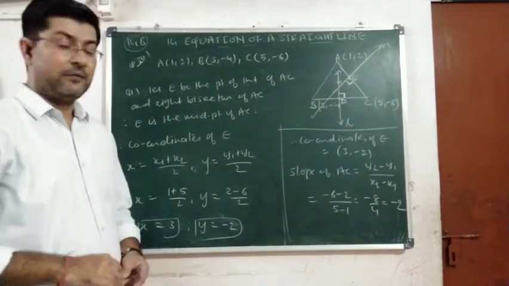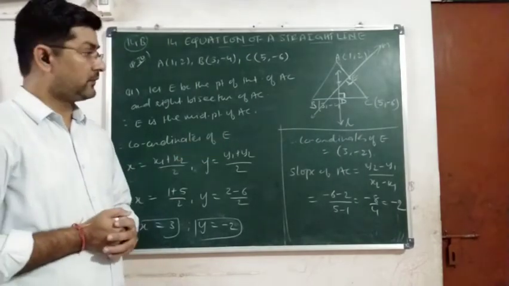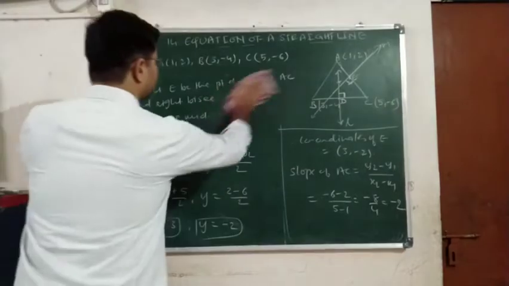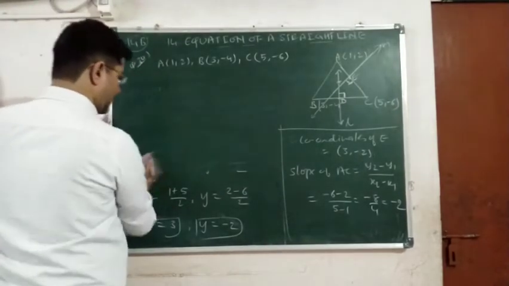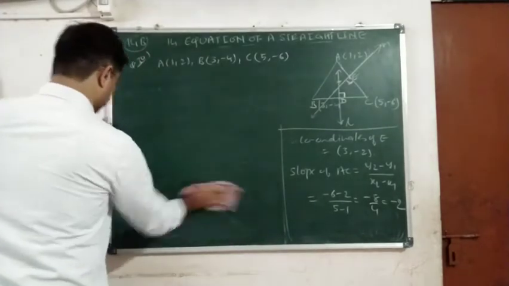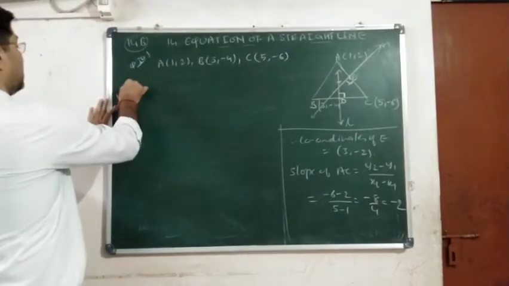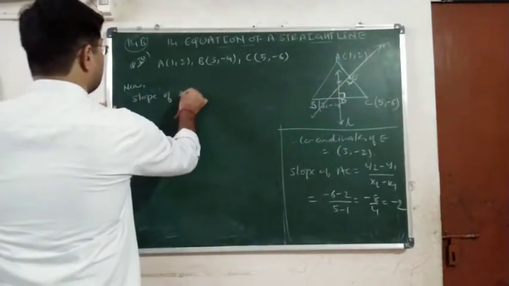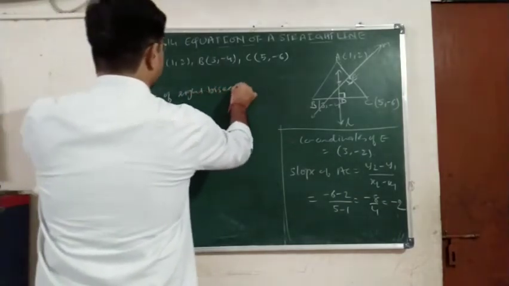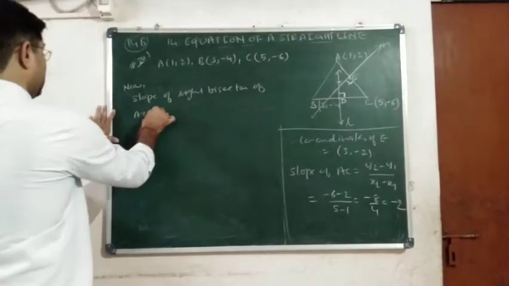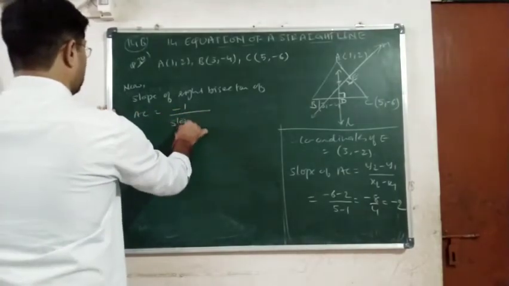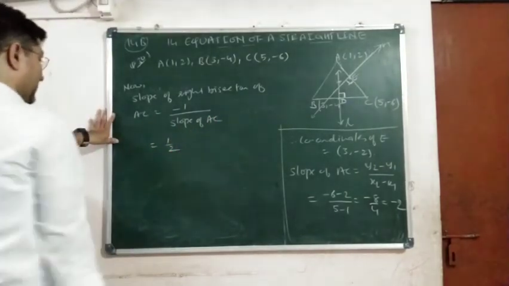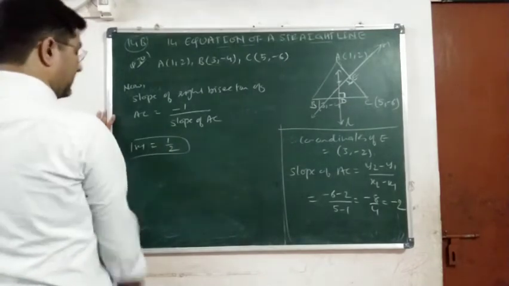Now we can easily find the slope of the right bisector of AC by taking the negative reciprocal. So the slope of the right bisector of AC is equal to -1 upon the slope of AC, which is 1 by 2. Let us denote the slope by m.